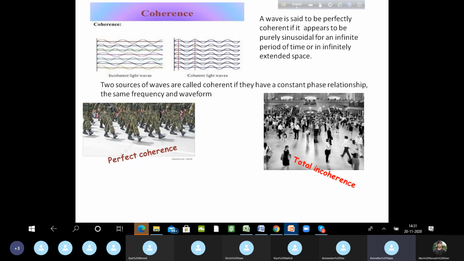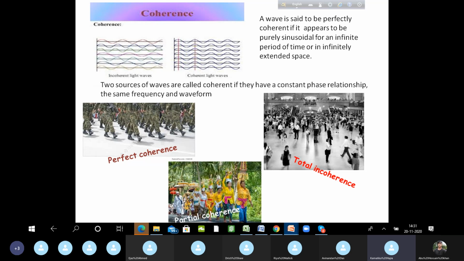So this is total incoherence. And this, I would say, is partial coherence, because they are moving in a particular direction. All of them are moving in one particular direction. However, their individual hands or feet are not exactly in sync with one another. So this is the example of partial coherence. Okay.